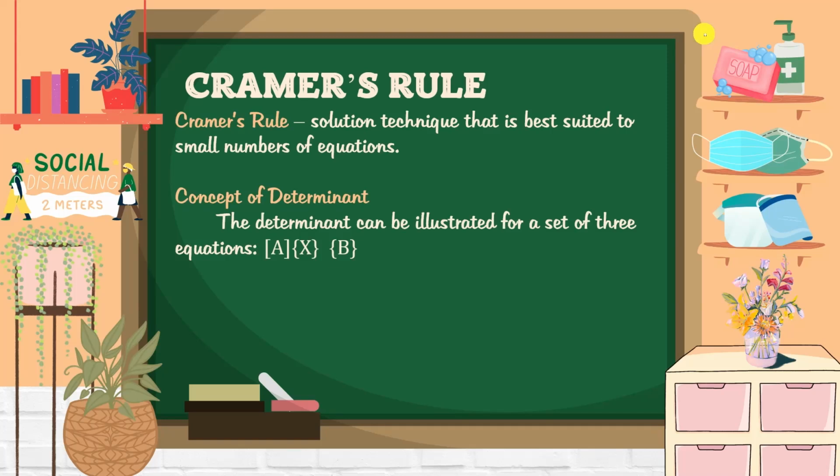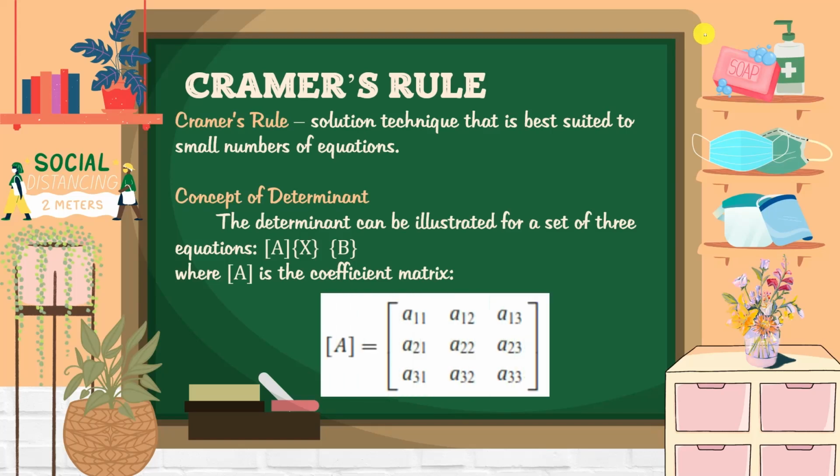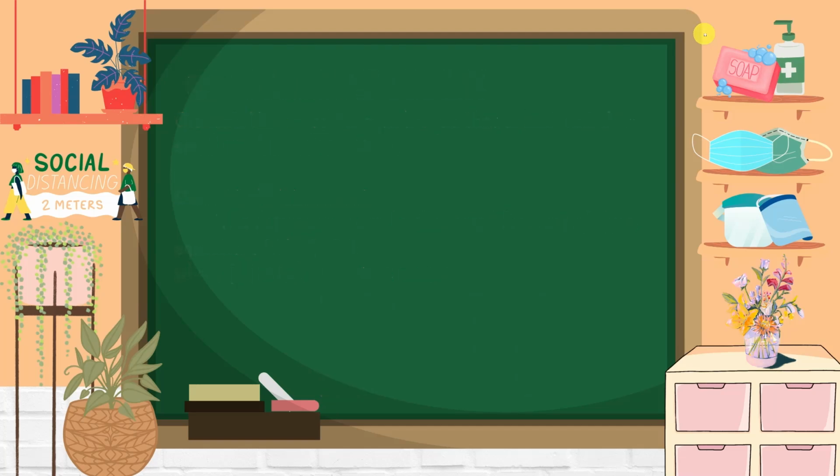So the determinant can be illustrated for a set of 3 equations where the shorthand notation of matrix A is the coefficient matrix. So, it is in this particular representation.